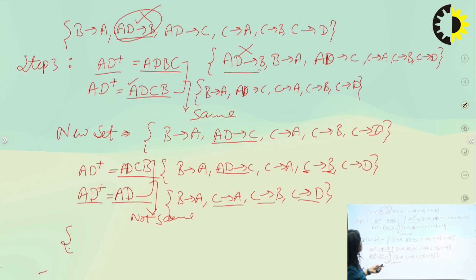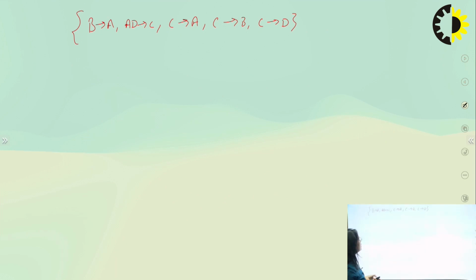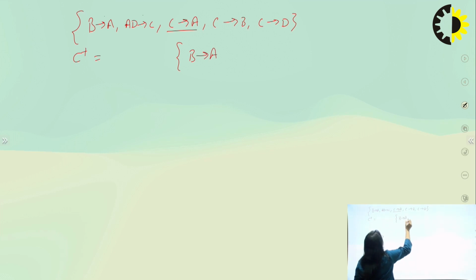Check again. Yes, it is correctly written. So now we have this set. We are not able to remove this or this. Now we'll check for this functional dependency in step 3 only, right? So for this, what will we calculate? Closure of C with all the functional dependency set.